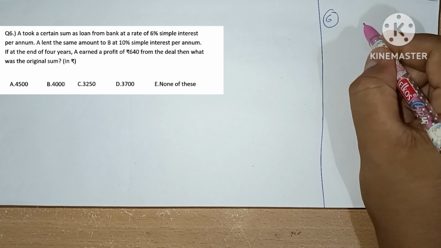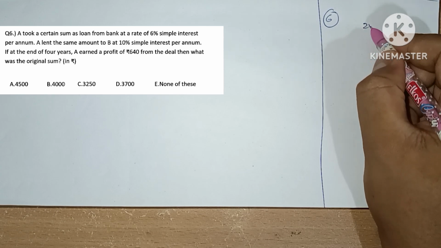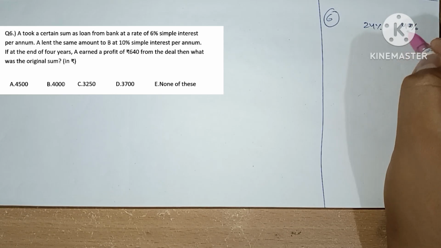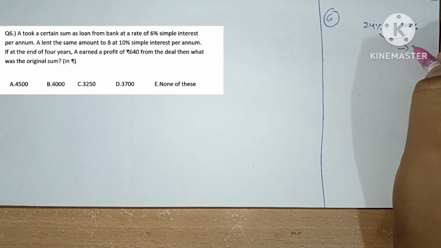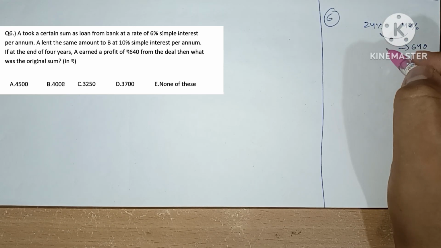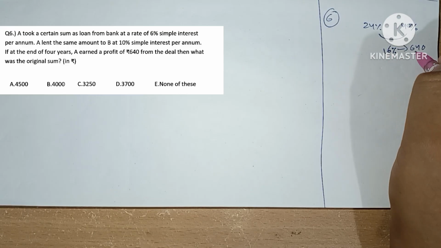So A took at 6% per annum for 4 years, means 6 times 4, 24%, and lent it to B at 10% for 4 years, means 40%. He made a profit of 640. This profit is nothing but the difference between these two, which is 16%. So 16% value is 640.